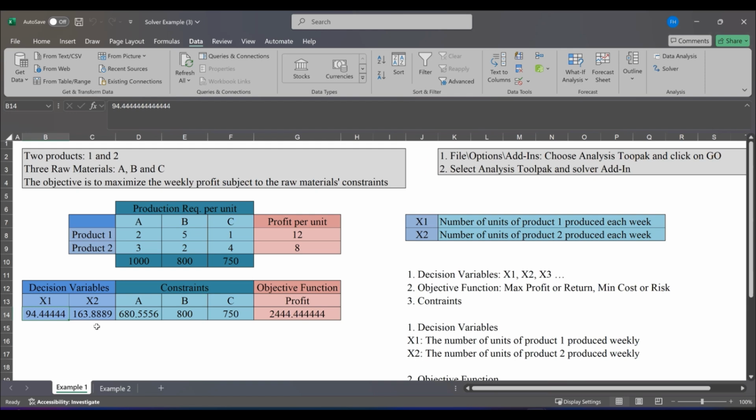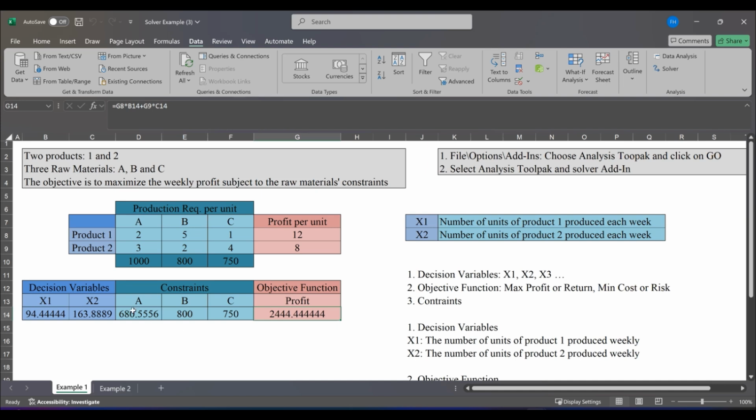Here I can have decimals with the production, because I will produce 94 units, and 44% of the 95th unit is completed. The same for X2. I need to produce 163 and 89% of the following unit. If I do this, I would be able to generate a maximum profit of $2,444.44 a week.